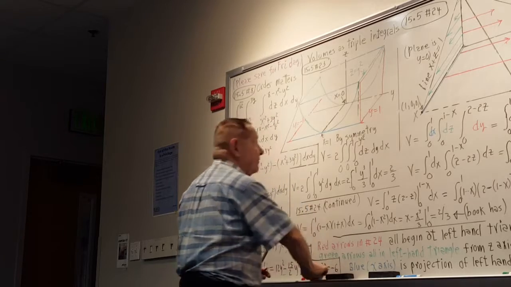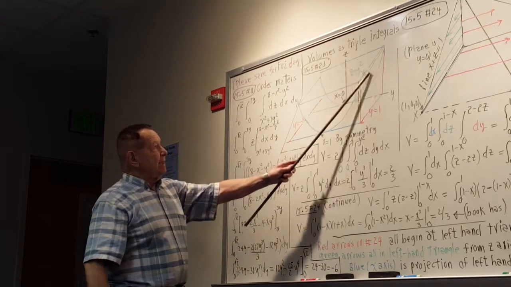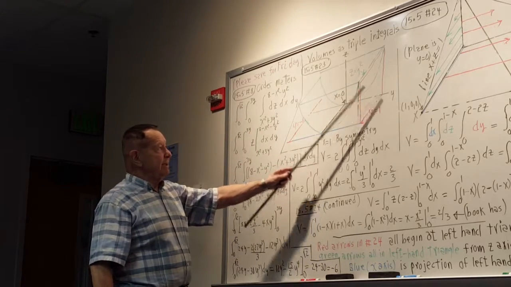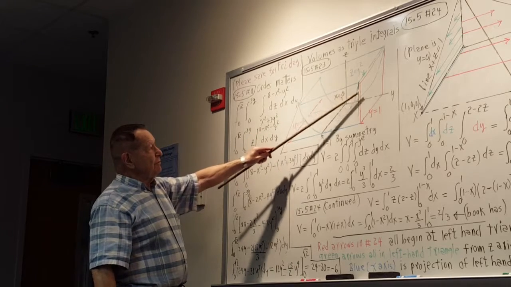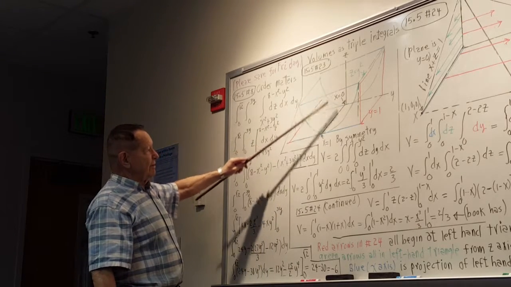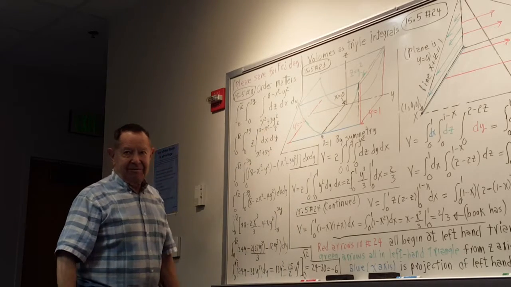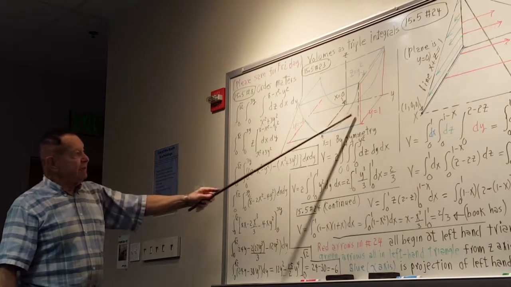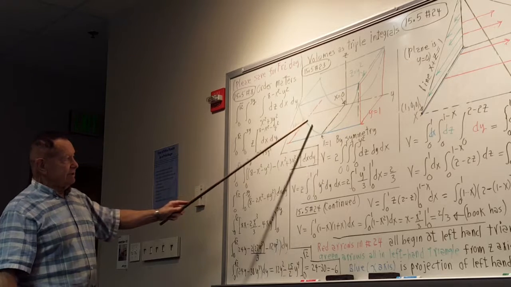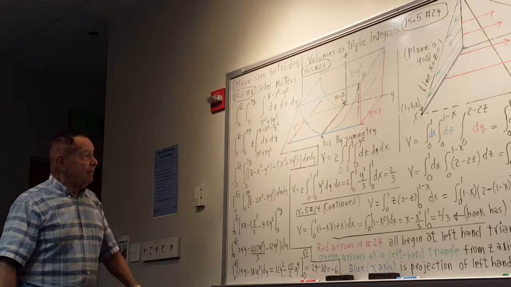So you have a red plane blocking up this end, you have the blue planes blocking up the front and the back, and this curvy thing blocking the top. So that's a volume, and by symmetry, this volume is the same as that.